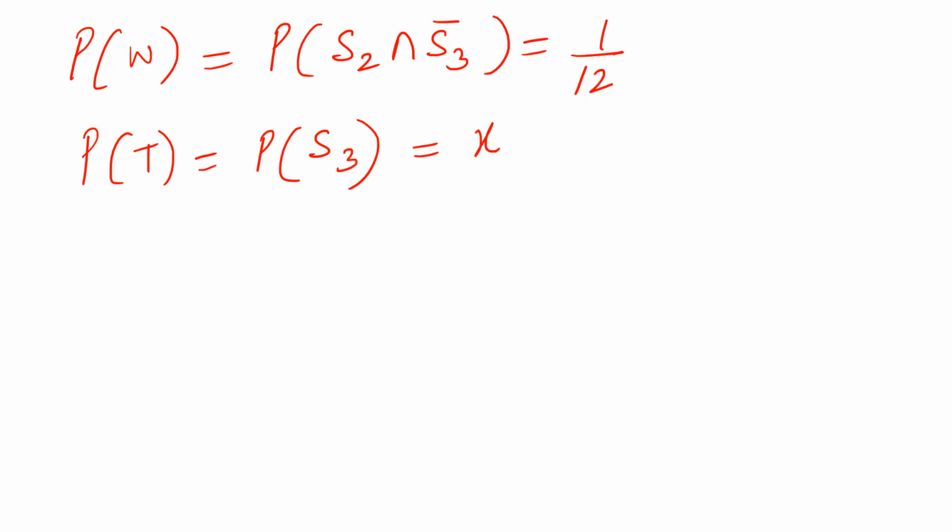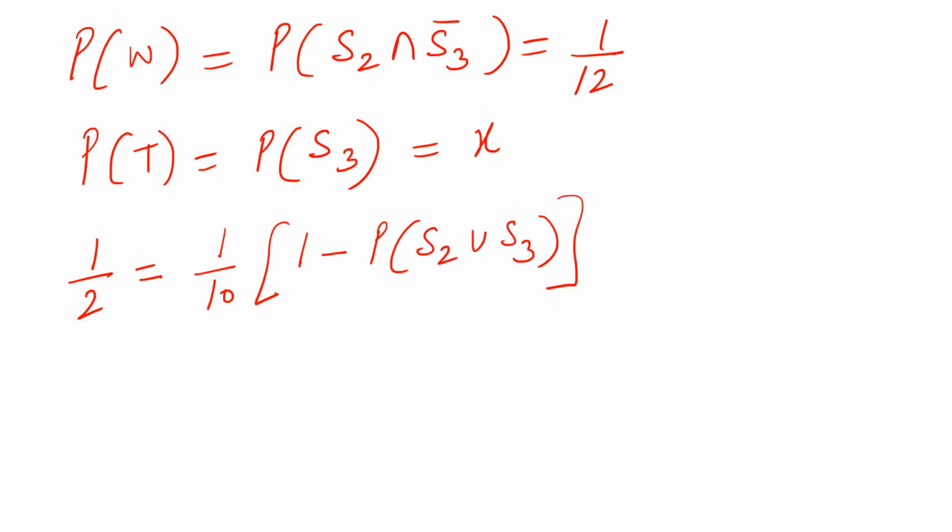Now on the left hand side of equation 1, we have probability of S1 union S2 union S3, which is 1 upon 2, equal to, on the right hand side we have probability of S1 intersection S2 bar intersection S3 bar, which we have proved equal to 1 upon 10 into inside the bracket 1 minus probability of S2 union S3, right?